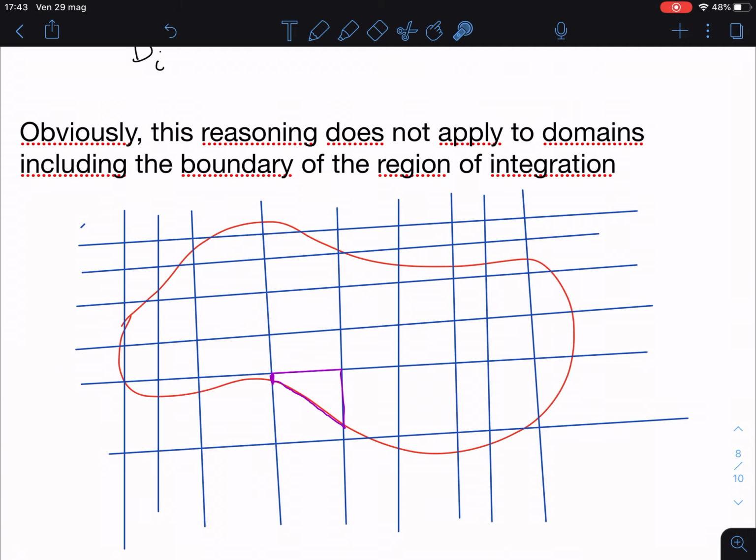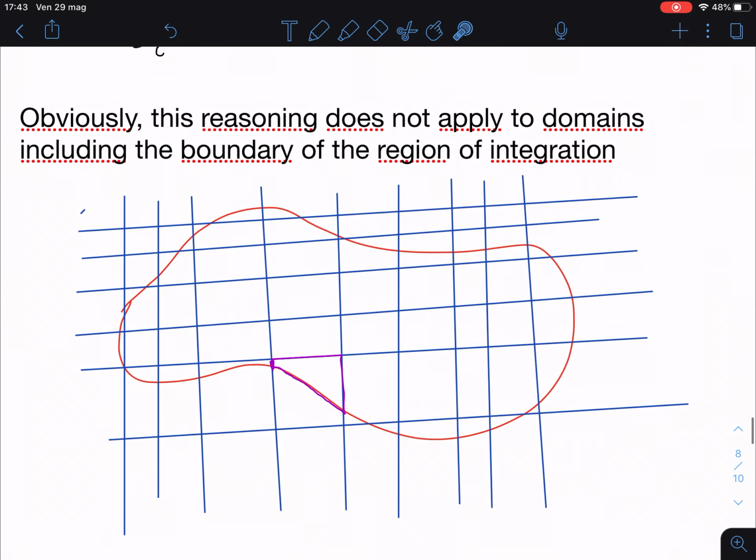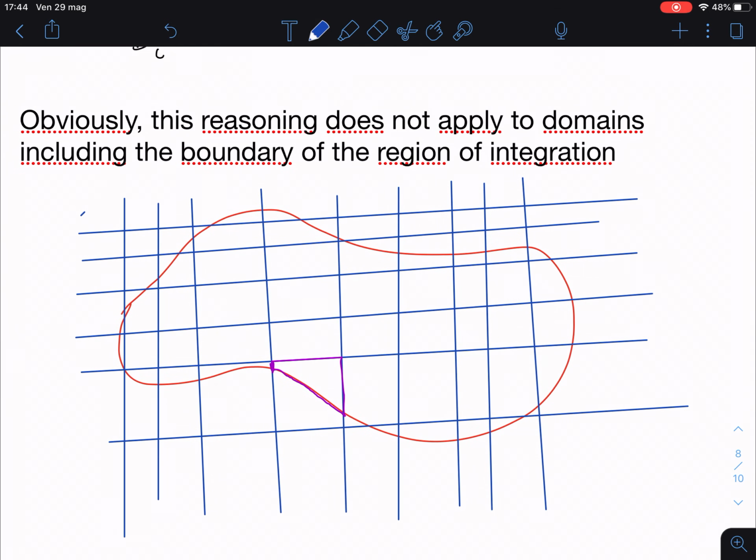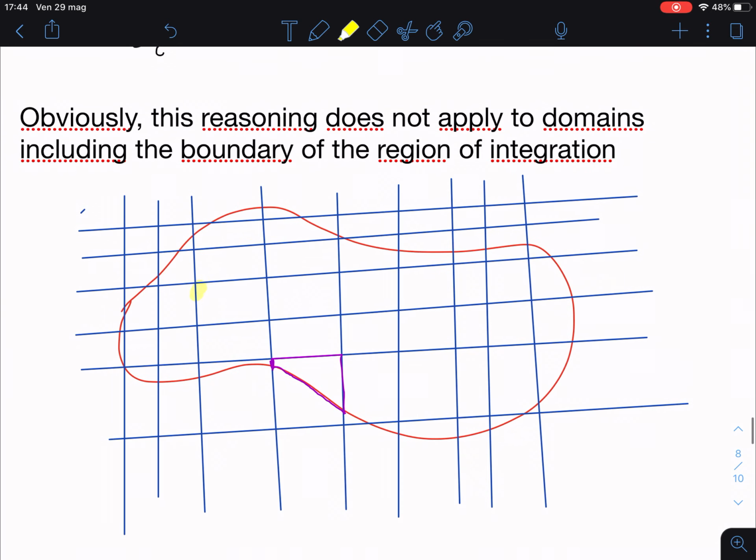So let us see whether we can have an intuition of why this does not affect the result. We proved that Green's theorem holds well here, and so holds well in the part of our grid that does not touch the boundary.